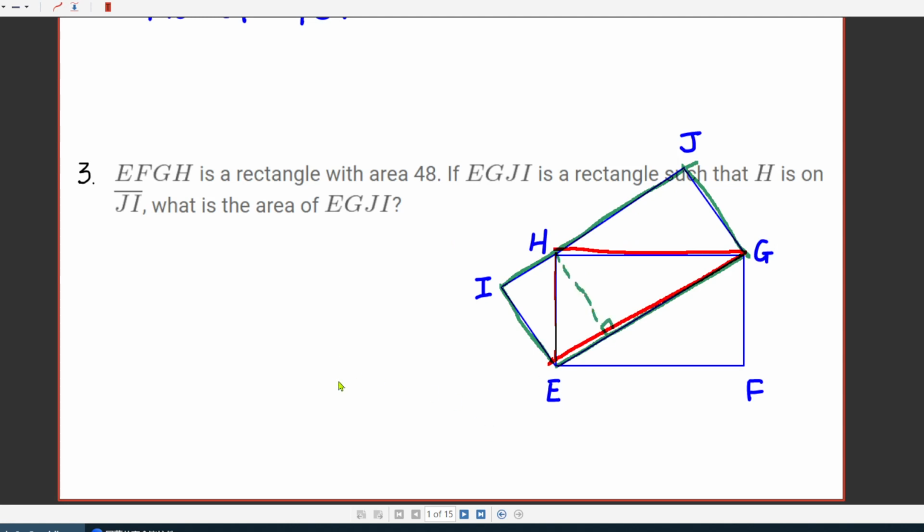You see that? So we know that the area of IEGJ should equal twice the area of the triangle HEG, right? Can you follow me?